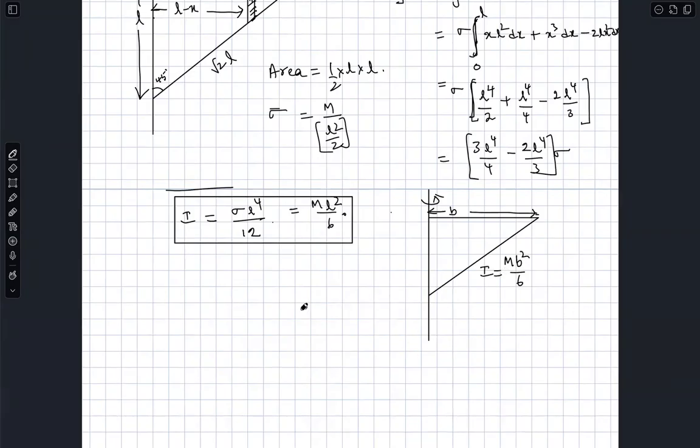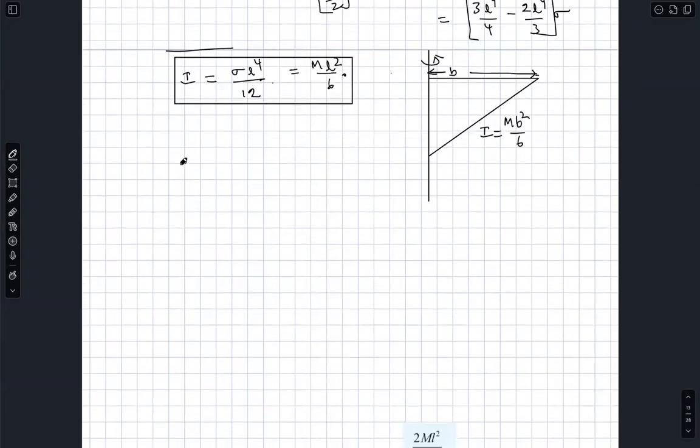So for a triangle, I have given the moment of inertia now, which I did not include in the diagram. So if the height is b, it is M b square by 6.